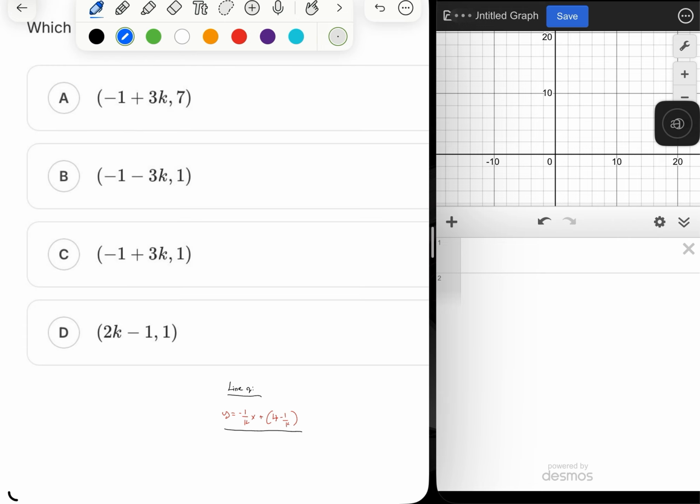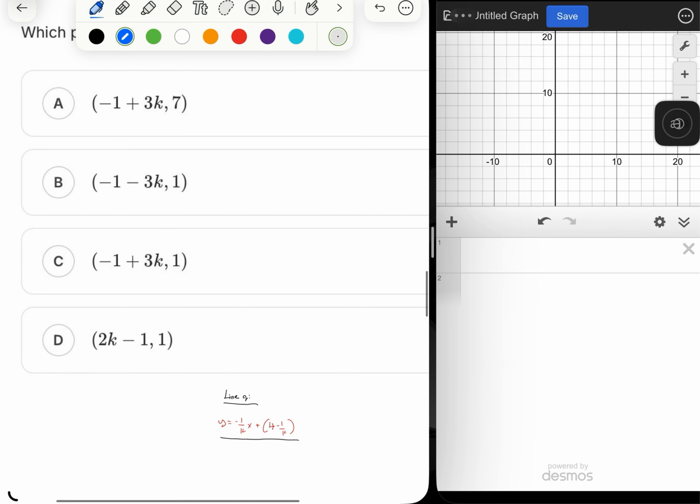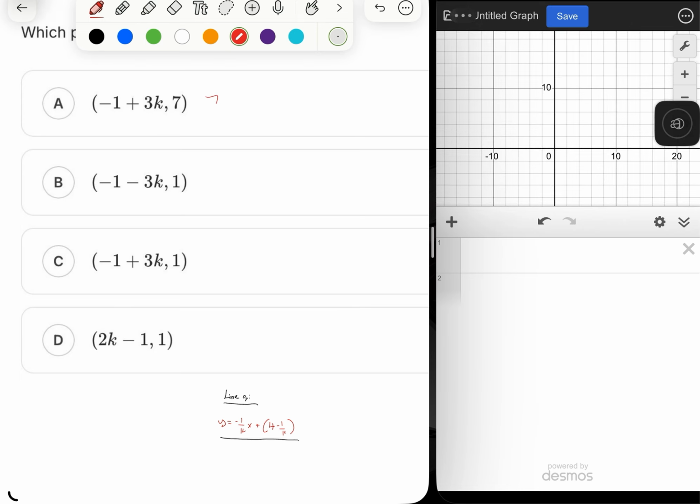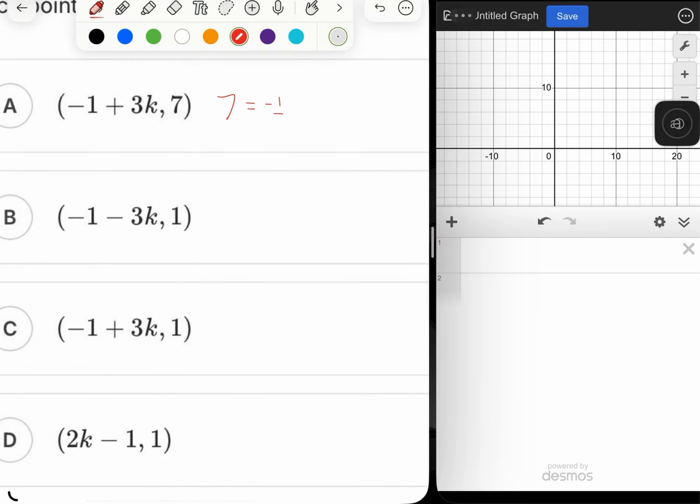So what I'm going to do is substitute each one of these points till I see that the equation holds true. Let's look at A first. Here the value of y is 7, so you do 7 equals -1 over k times x, where the value of x is this, so you do -1 over k times this.